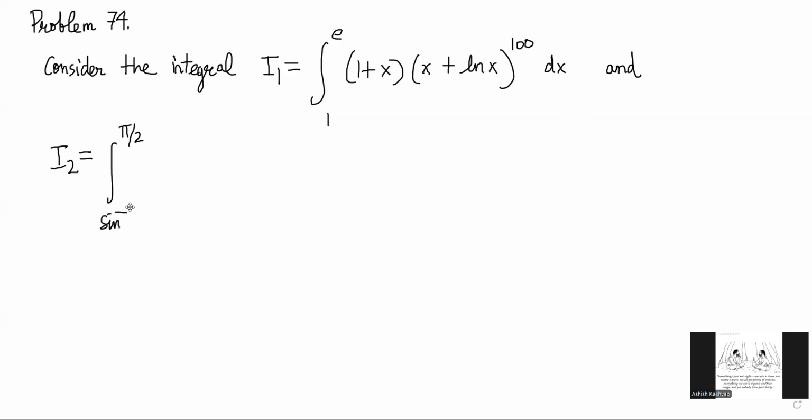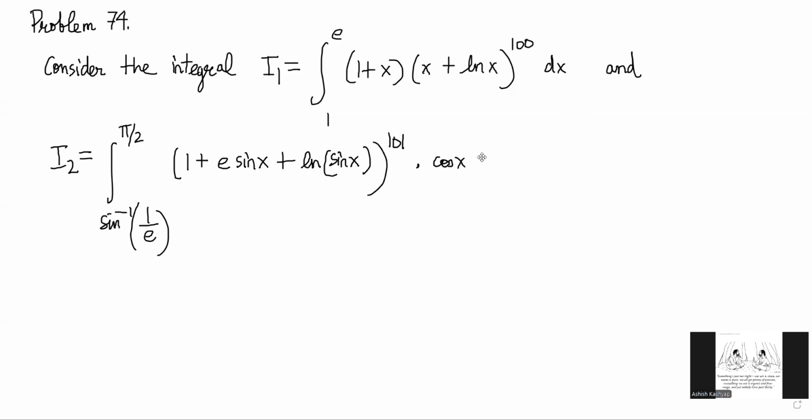the integral from sine inverse of 1 by e to pi by 2. These are the limits, and it is (1 plus e sin x plus ln sin x) whole raised to the power 101 times cos x dx, right?